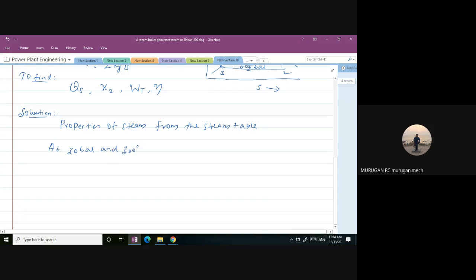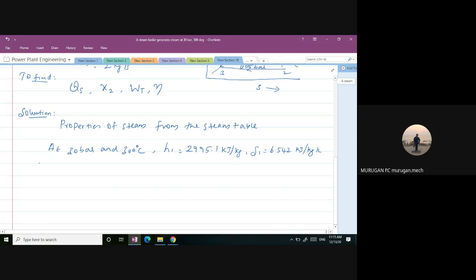What is the maximum pressure? 30 bar. At 30 bar, that is the superheated stage. From the superheated table, we take the corresponding 30 bar with the temperature 300 degrees Celsius. We take the enthalpy H1, that is 2995.1 kilojoule per kg, and the entropy is given by 6.542 kilojoule per kilogram Kelvin.